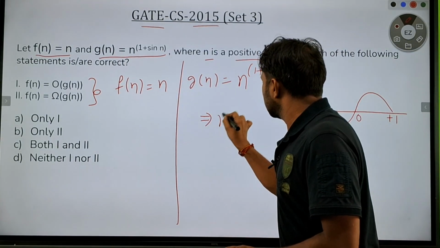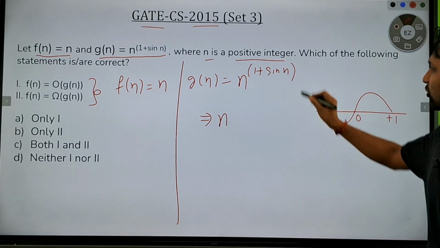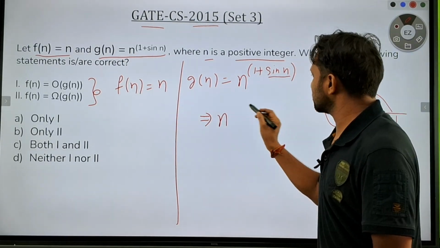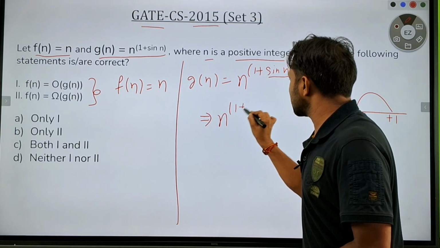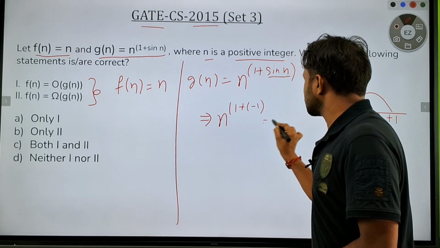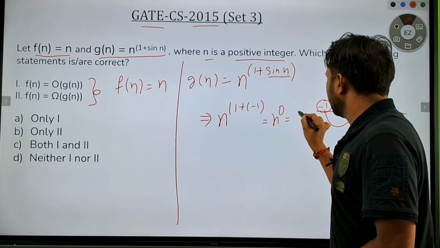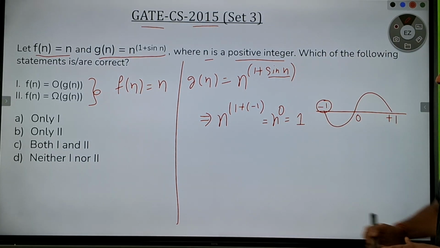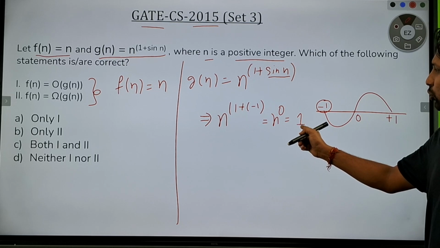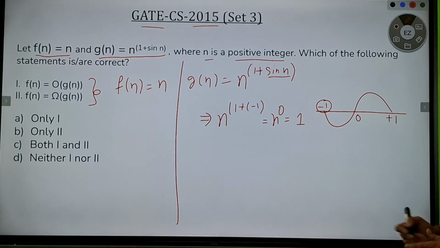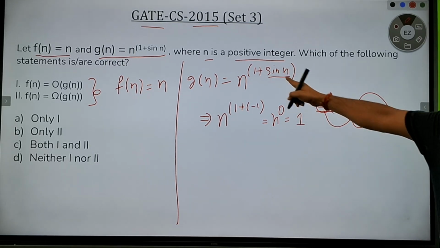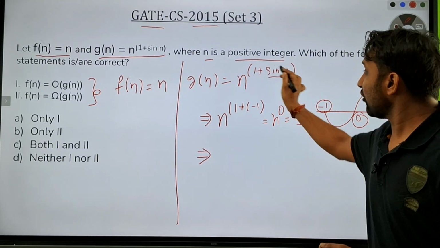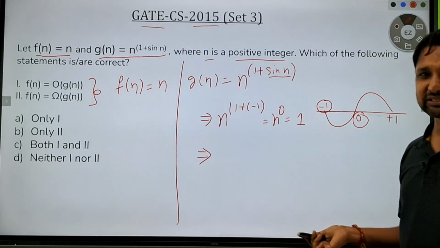If I put the -1 value first in place of sin n, then g(n) will be n^(1 + (-1)), that is n^0, which is 1 only. Now let me put 0 in place of sin n, just trying to find possible values of this function based upon the sin n value.